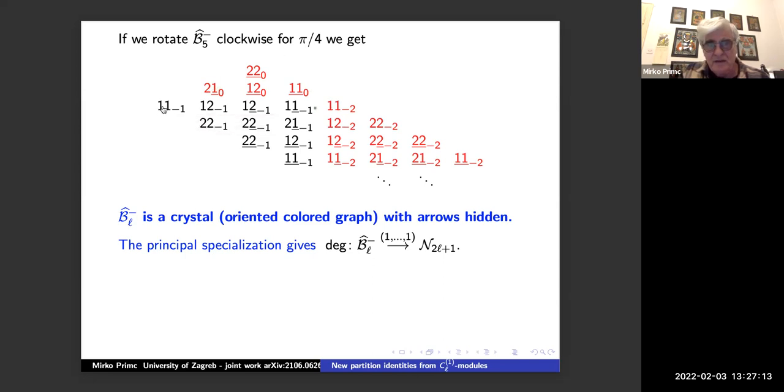In this case, for affine, they will be the generators F0, F1, and F2, and each of them will have degree 1. Then we go down, and at each step going to the right or going down, we add 1 degree. So we end up with our array, n to l plus 1.